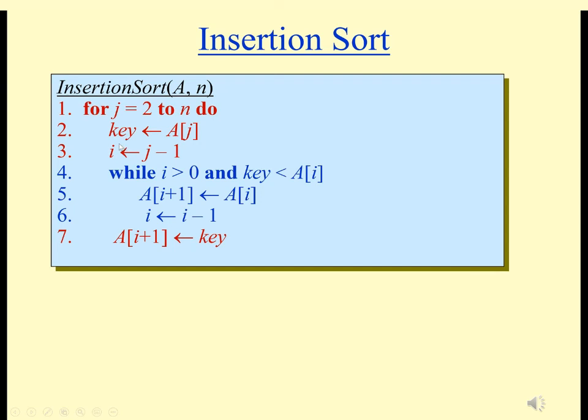So we compare to the elements in front of the key, the AJ, and you examine all the elements before the AJ. If it is larger than key, and also not reaching the end, larger than 0, meaning at least 1, then you shift this AI to the next.